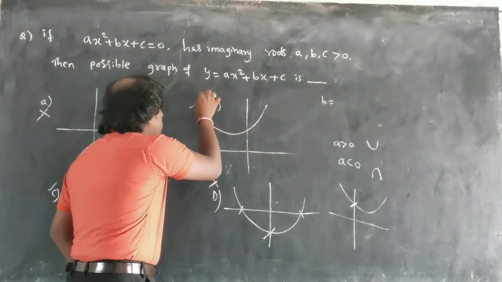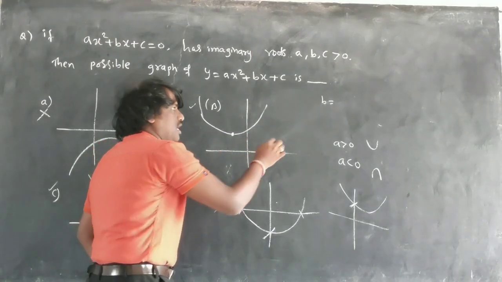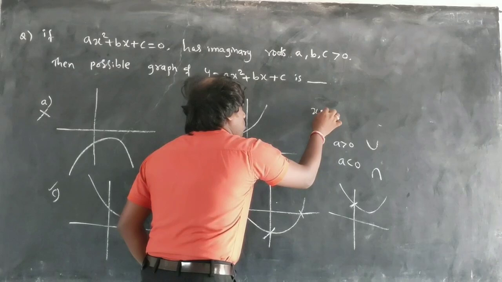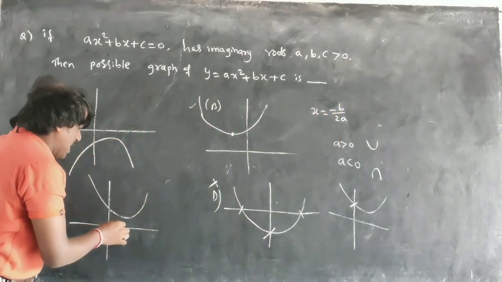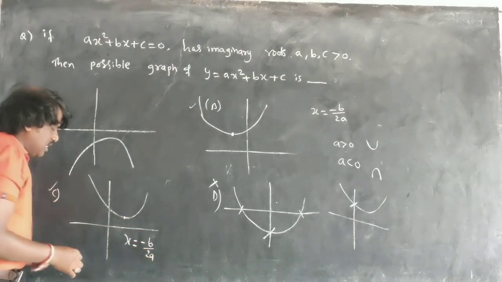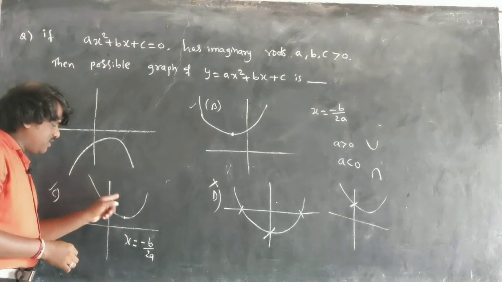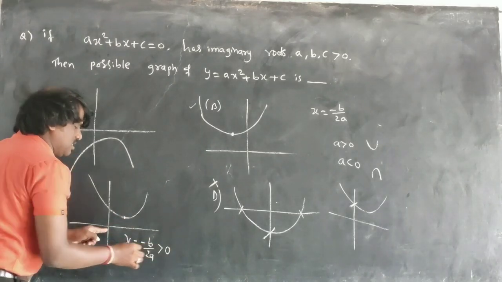Now I told you about the vertex of the parabola. The vertex formula is x is equal to minus b by 2a. This vertex is on the right side of the origin, which means x should be greater than 0.